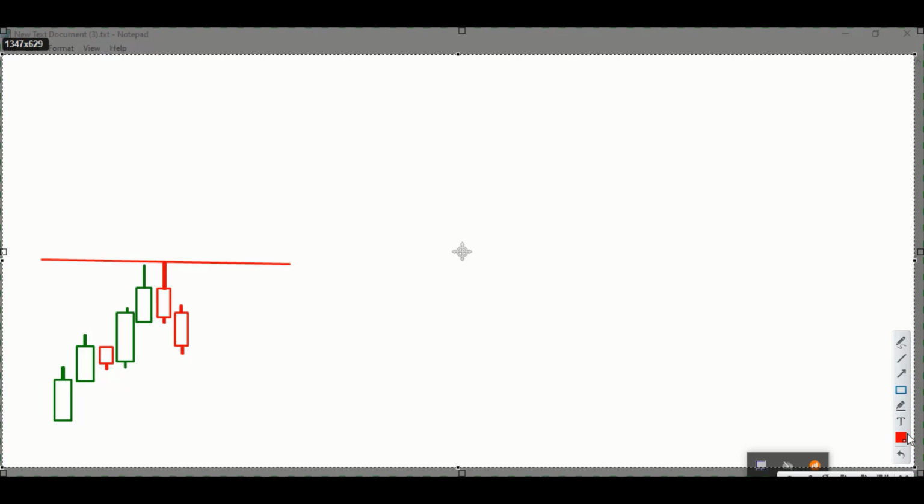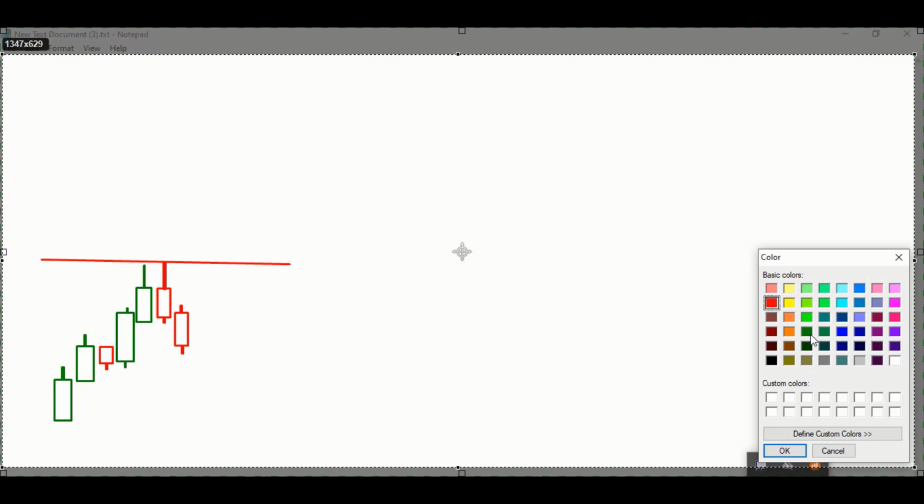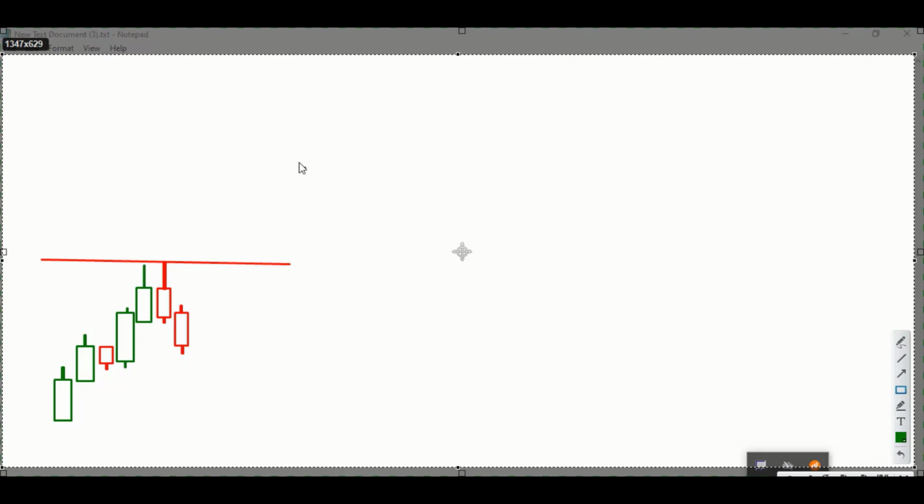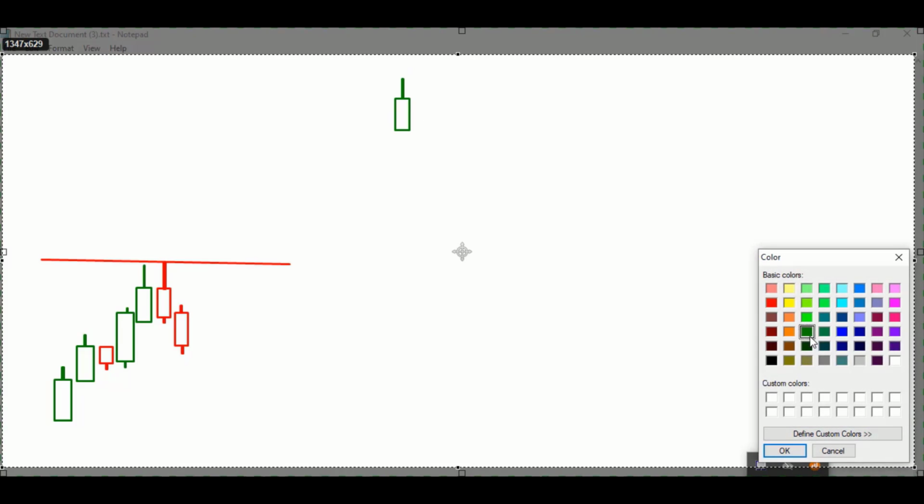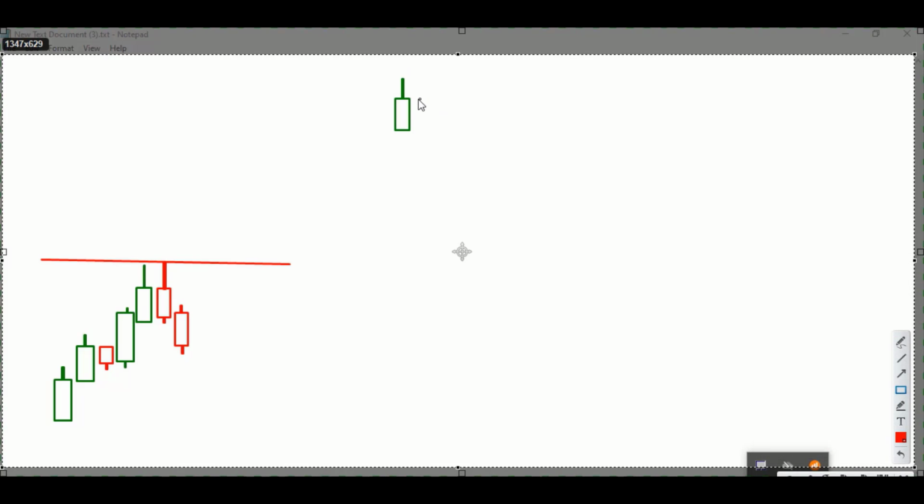So this bullish one, this one, this bearish one, can be like this one.